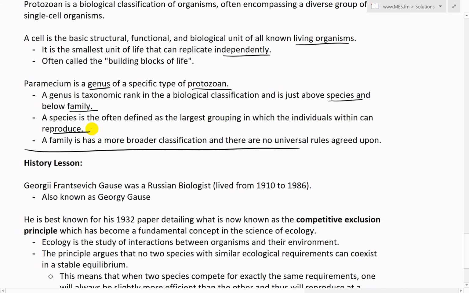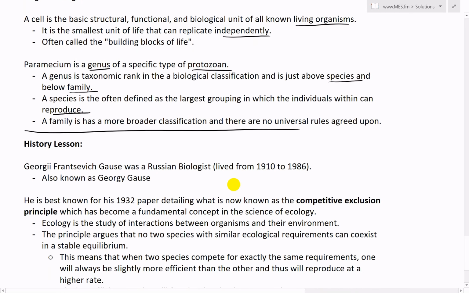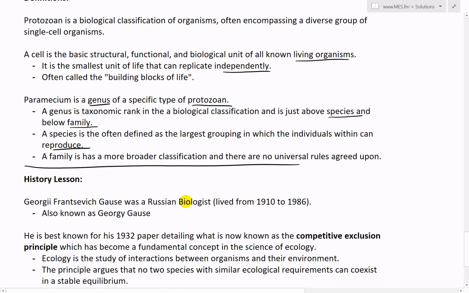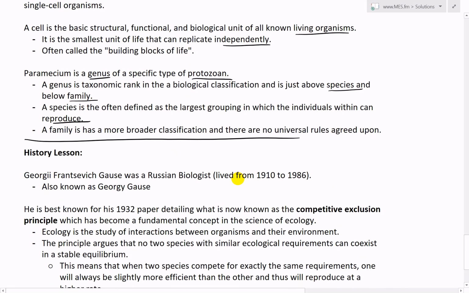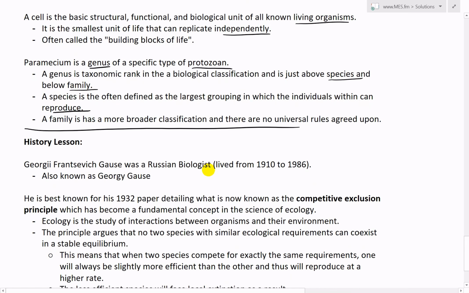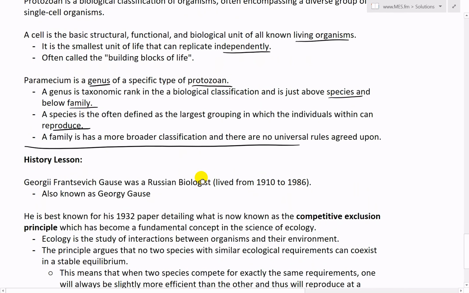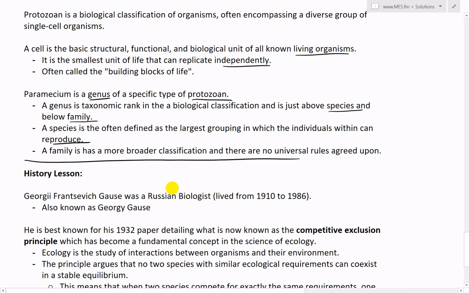For example, this can be seen as the gene pool, or a specific type of bird. If they can all reproduce with each other, then that would be a species. But if there's a different type of bird that can't reproduce, then that'll be a different species as well. And then the genus is just above this classification, so this would probably group those kinds of birds together.